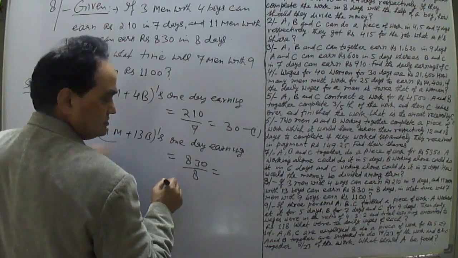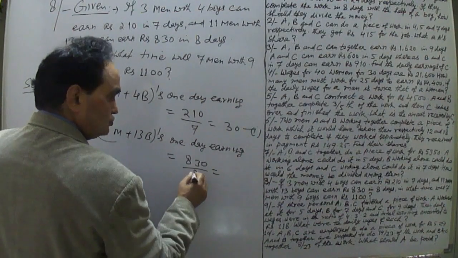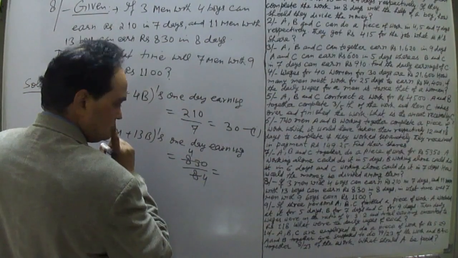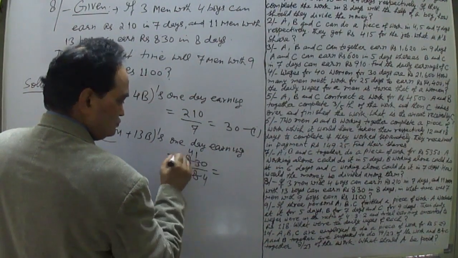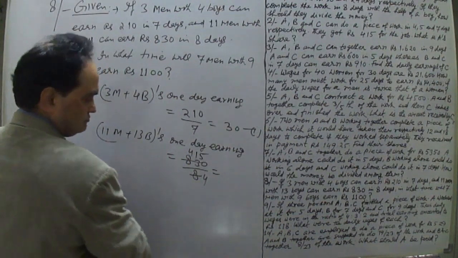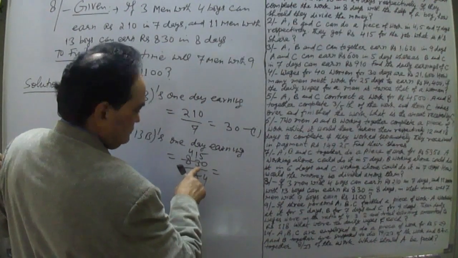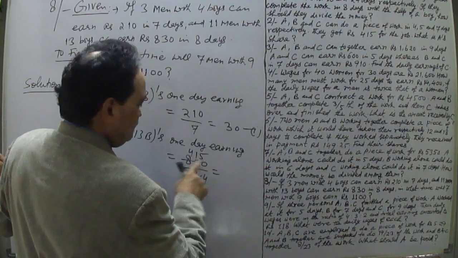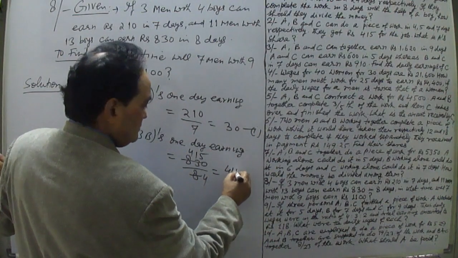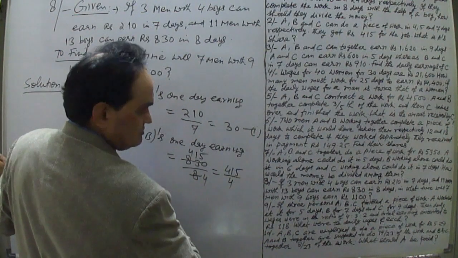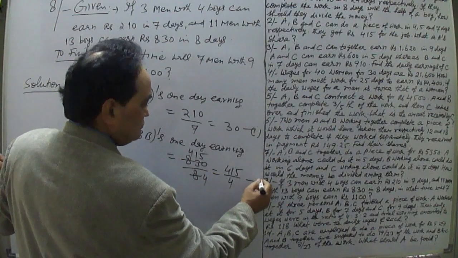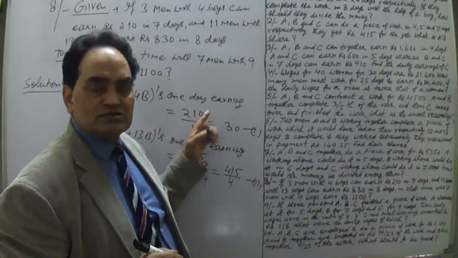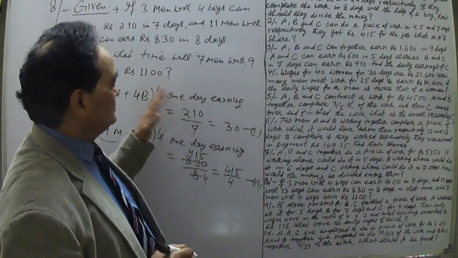Let me cancel by 2: 2 4s are 8, 2 1s are 2, 2 5s are 10, 415, not properly divisible. Let me write it in this way. The second equation. Now these are the per day earnings, or 1 day's wages, of these people.